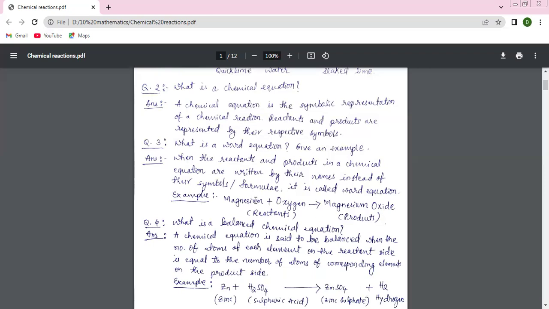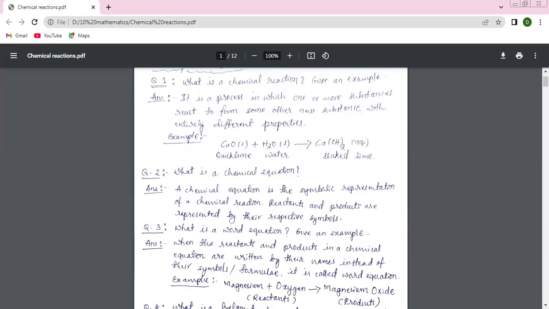You can see here magnesium is a reactant plus oxygen is another reactant. So these are the reactants. And when these two react to form magnesium oxide, it is a product.